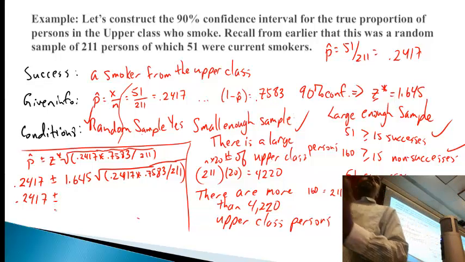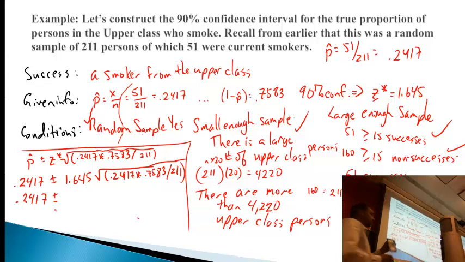If you're very skilled, you can do the whole expression in one swoop, but I'm just expecting you to do the margin of error in one swoop. So do 1.645 square root 0.2417 multiply 0.7583 divide 211. Close parenthesis. Do it all in one fell swoop. It should work out.